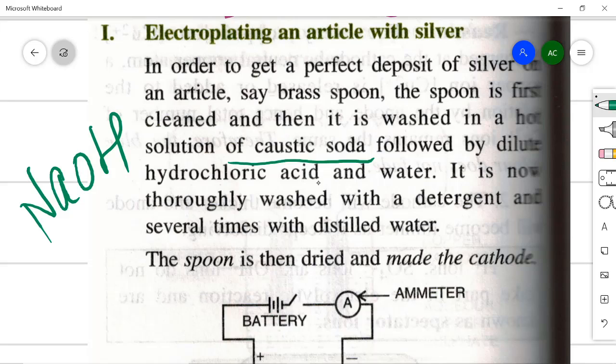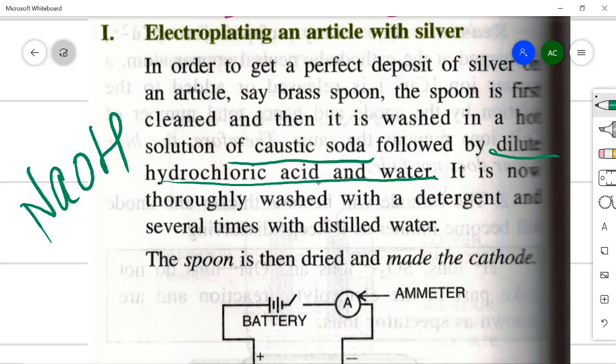So that is why we have used caustic soda here. And then we treat it with dilute hydrochloric acid. So you have seen first they have done the cleaning with alkali, that is caustic soda, and then they have done the cleaning with acid. तो जो भी इम्प्योरिटीज़ अल्कलाइन वाले में मिक्स हो जाती हैं, that will mix in NaOH, and जो हाइड्रोक्लोरिक एसिड वाले में मिक्स हो जाती हैं वो उसमें मिक्स हो जाएंगी.